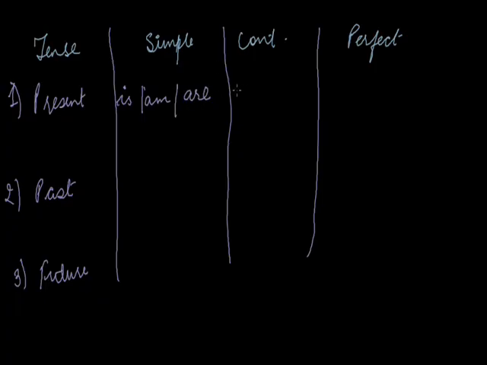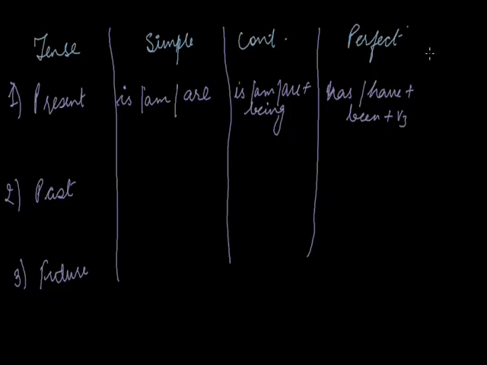And in continuous form you have is, am, are plus being plus V3. And in present perfect you have has, have plus been plus V3. I have not mentioned perfect continuous over here because passive voice of that tense cannot be made.